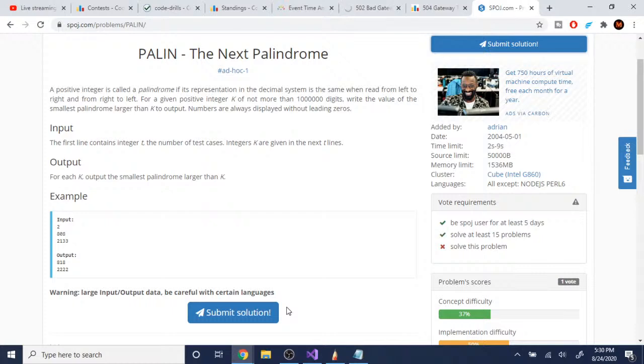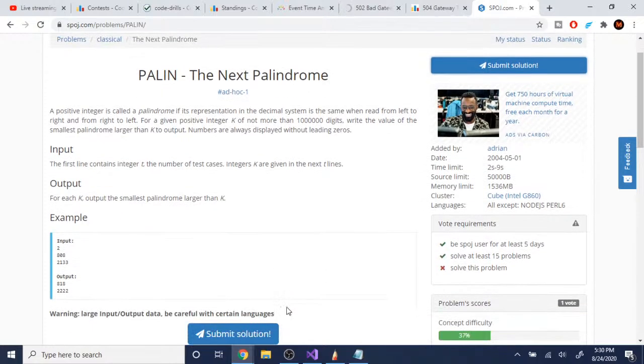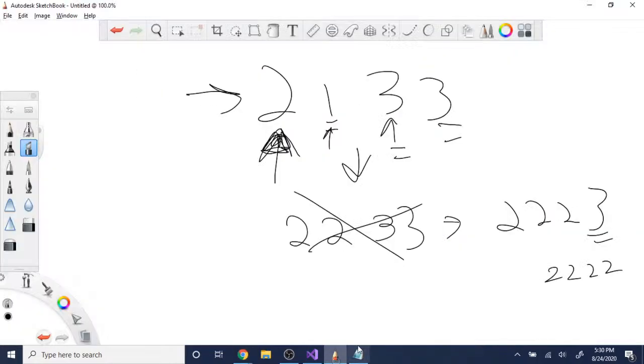So if it's already a palindrome, I could increase the middle by 1. If it's not a palindrome, I could repeat the same first digit the number of times of the length. There are also other cases where this wouldn't work though.